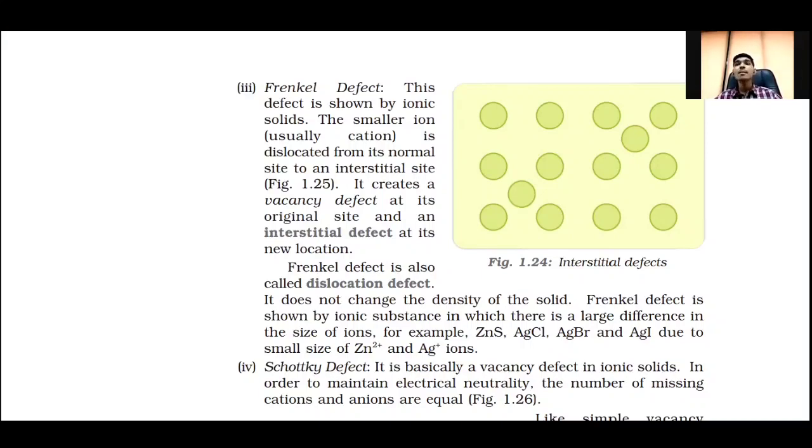The smaller ions... in a Frenkel defect, size matters a lot. The cation should be very small and the anion very large, or vice versa, it doesn't matter to us, but there should be a large difference in the size or diameter of the atoms. Smaller ion, usually the cation, is dislocated from its original normal site to an interstitial site. It creates a vacancy defect at its original site and an interstitial defect at the new location.